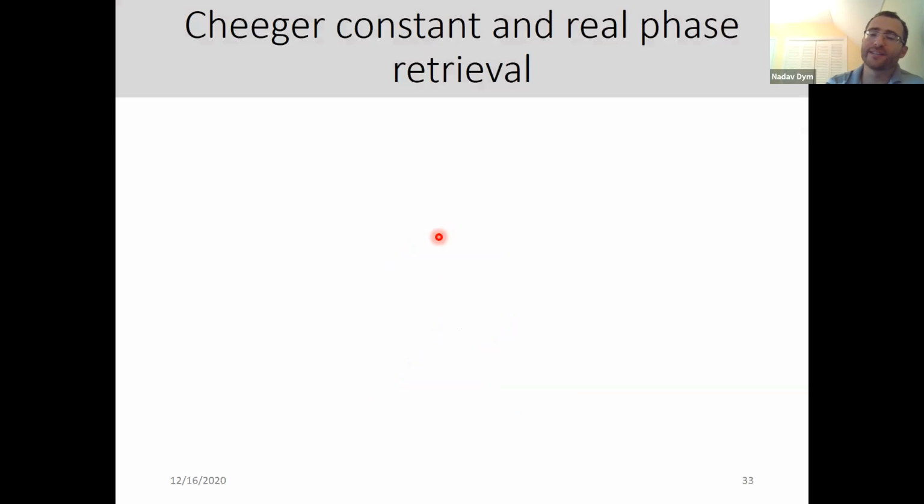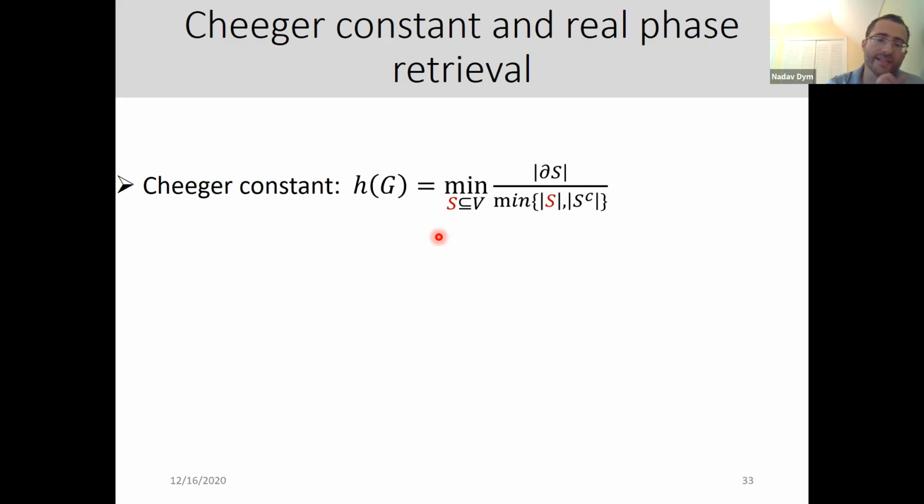Now, why are the Cheeger constant and real phase retrieval related at all? You can prove the theorem, but the intuition, to me, is that the Cheeger constant is saying, let's go over all partitions, all subsets of the vertices, partition into two sets, S and the complement of S, and measure how connected that is.